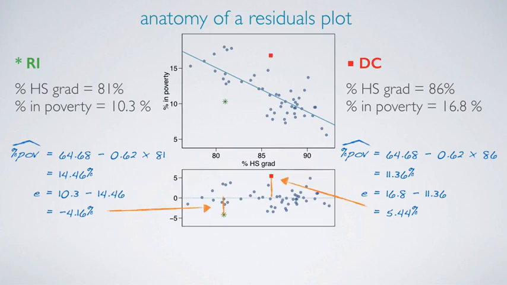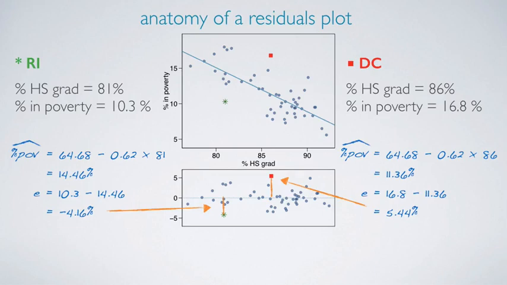There's going to be some that are positive and some that are negative because that corresponds to some points falling above the regression line and other points falling below the regression line, and we want them to have absolutely no pattern. Because what we want is for the linear model to capture all of the pattern in the data and anything that's left over to be simply random scatter.